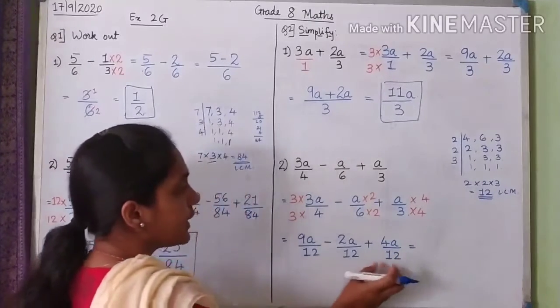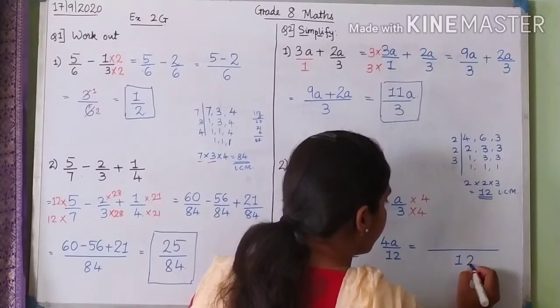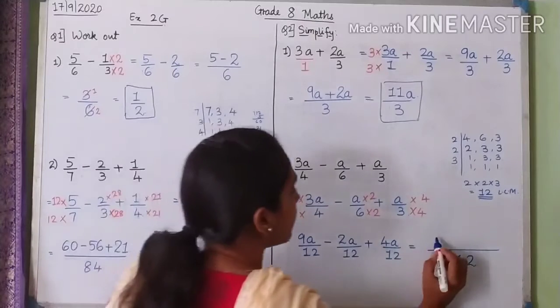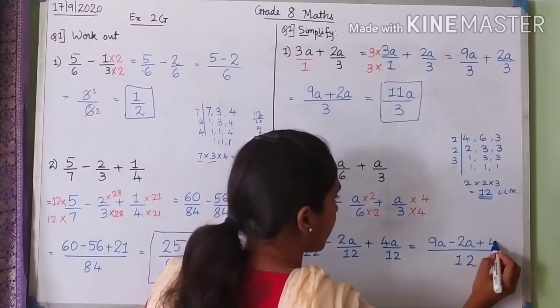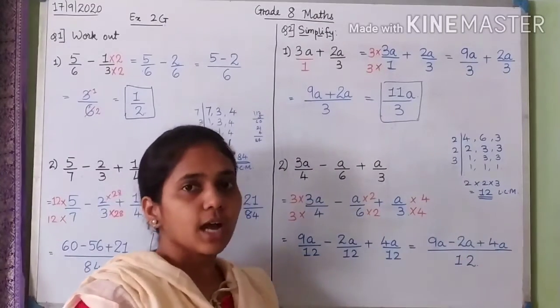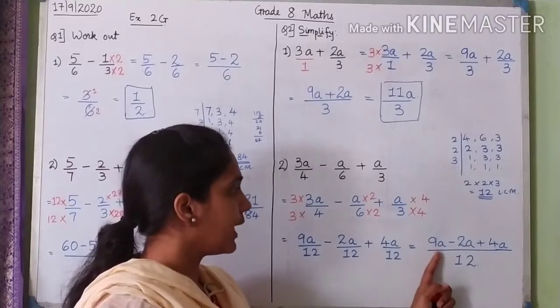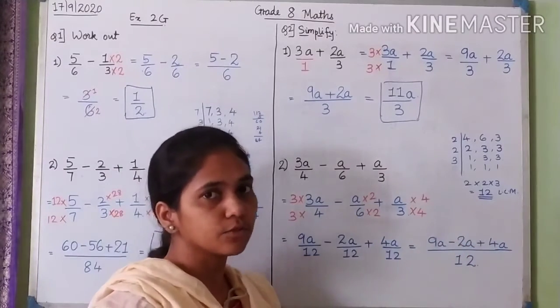Now we have got all the three denominators equal. So we write only one common denominator and the numerators we get are 9a minus 2a plus 4a. Okay. Now we see that in the numerator all the terms are like terms. This is also a term, the second is also a term, and the third is also a term. So we can solve these like terms together, right?